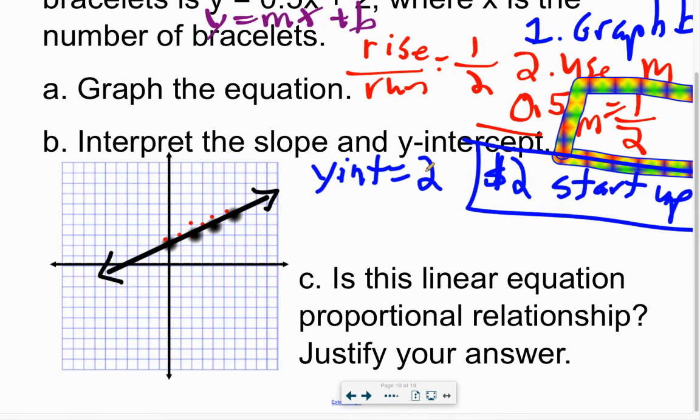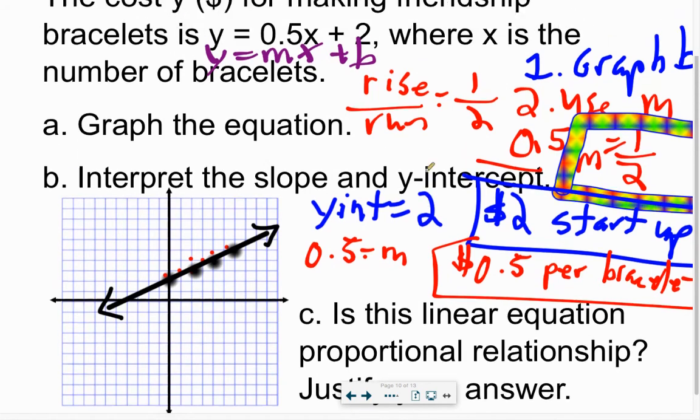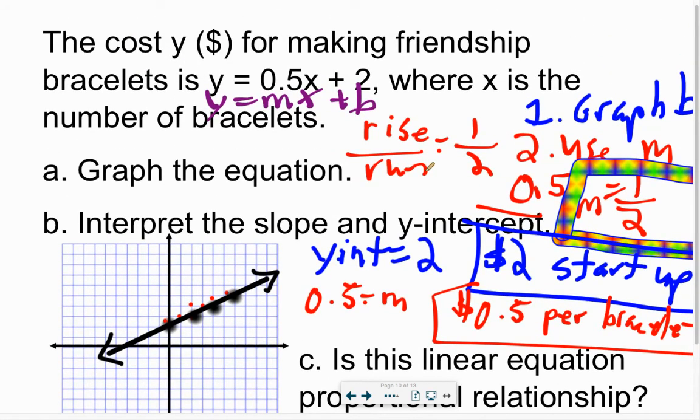We already talked about the slope being 0.5 or half, which means it's going to cost half a dollar per bracelet. That's our slope, the rate of change. That's all we do when we interpret it. Take that 0.5. What does it represent in the context of this problem? It is the amount of dollars per bracelet.